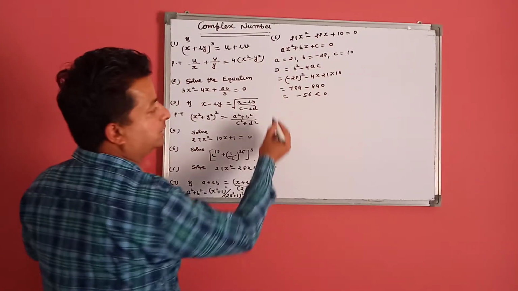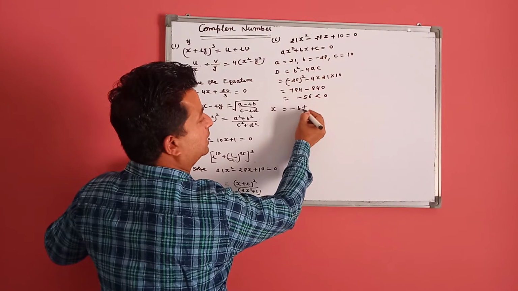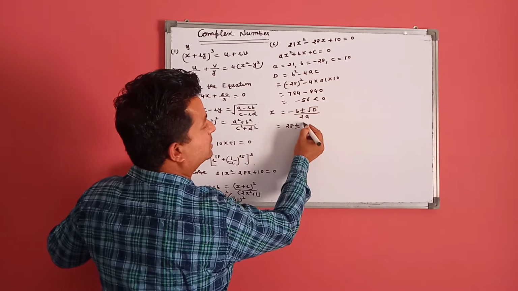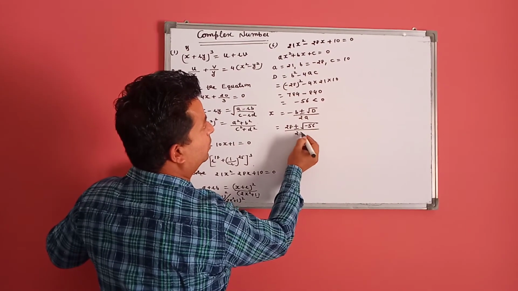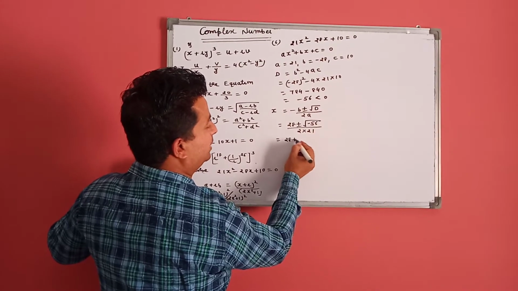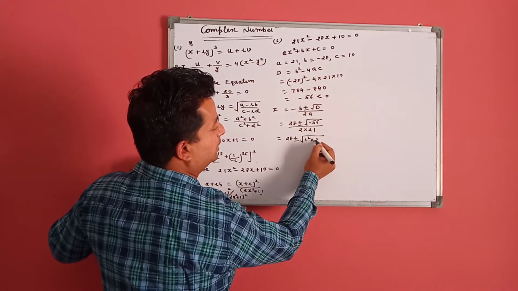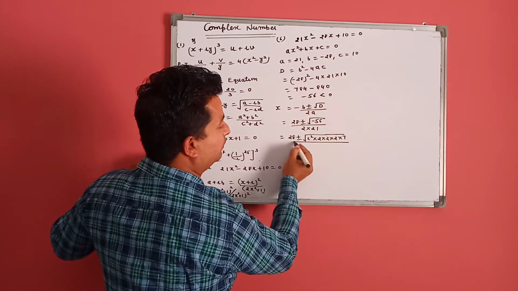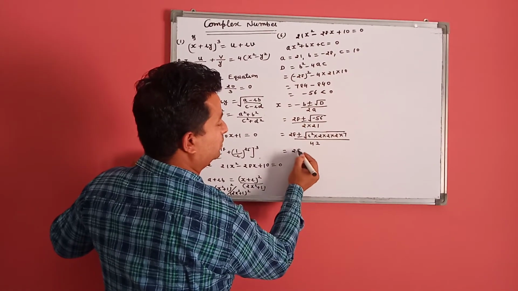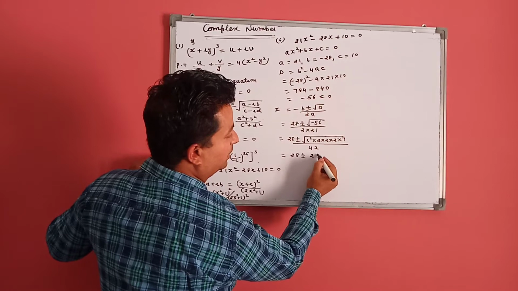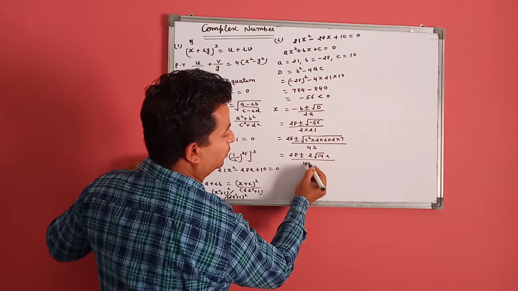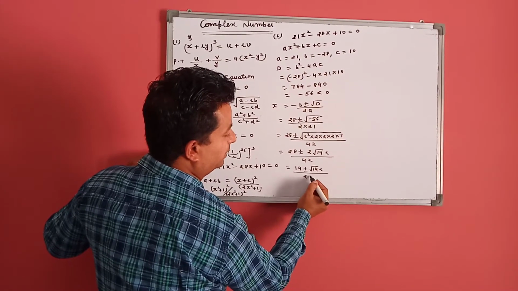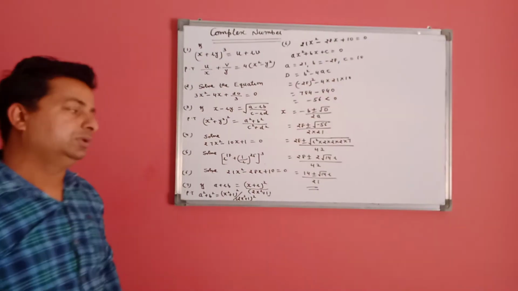This is less than 0, that is roots are imaginary, which are minus b plus or minus root d upon 2a. b is 28 plus or minus root of 56i upon 2 into 21. 28 plus or minus, this becomes root of 2 into 2 into 14. This becomes 42, plus or minus, take 2 common, under root 14i by 42. 2 common, plus or minus under root 14i divided by 21. This is the solution of this question.